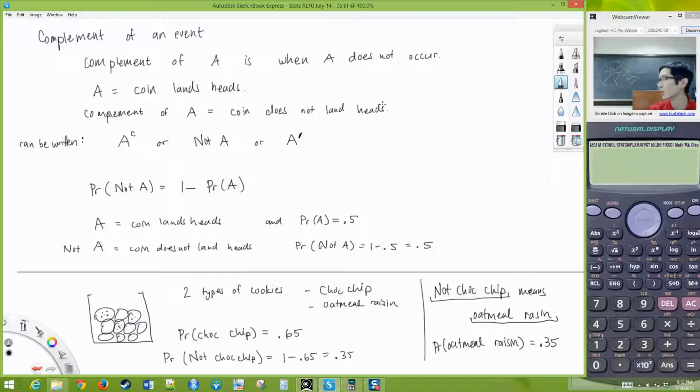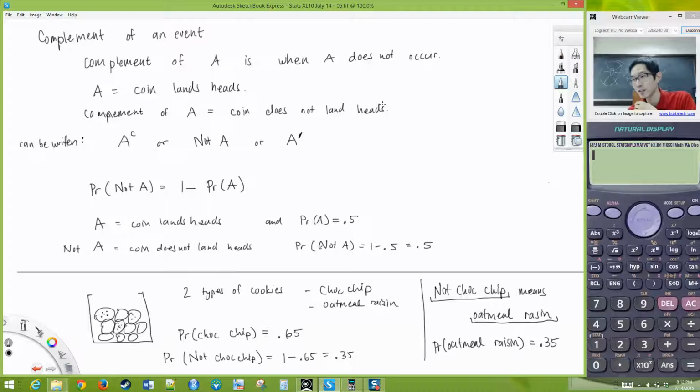Or your wife yells at you and says, "Don't eat a cookie." So maybe anything happens. But we can say, okay, we're going to eliminate all of those possibilities and simplify it and say there's only two things. You either get chocolate chip, and if you don't get chocolate chip, then that means you got oatmeal raisin.